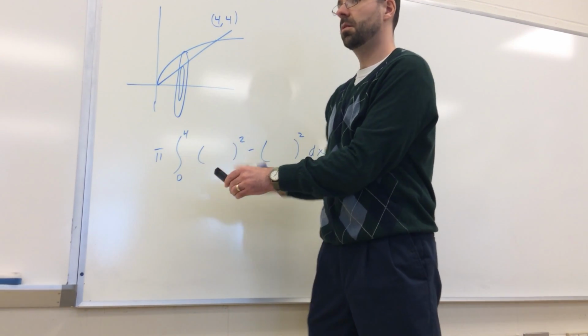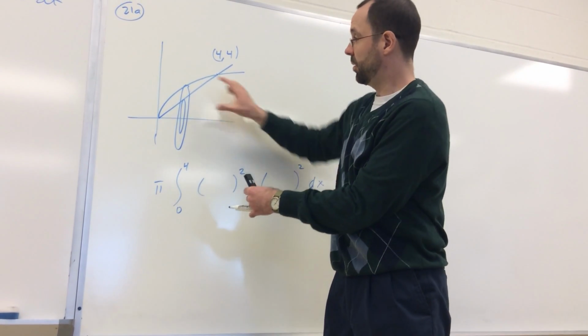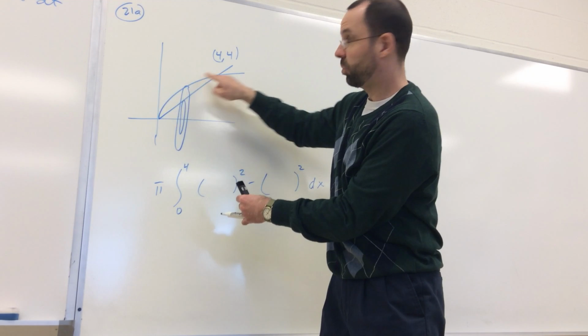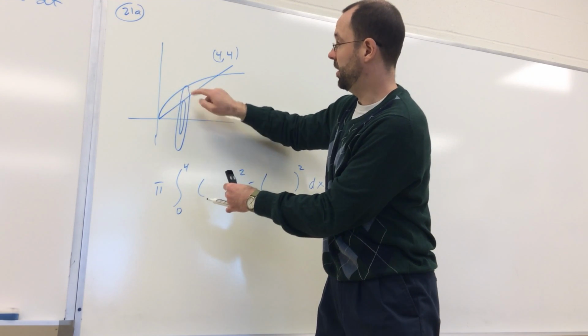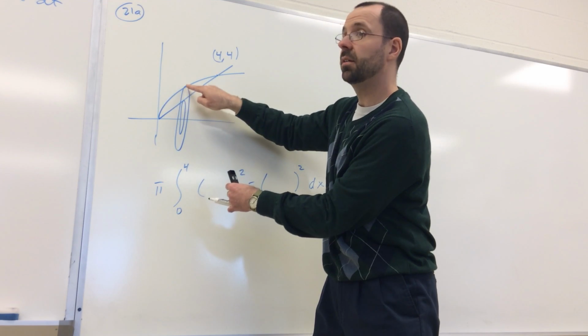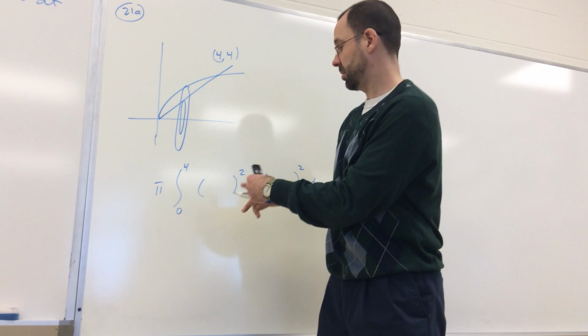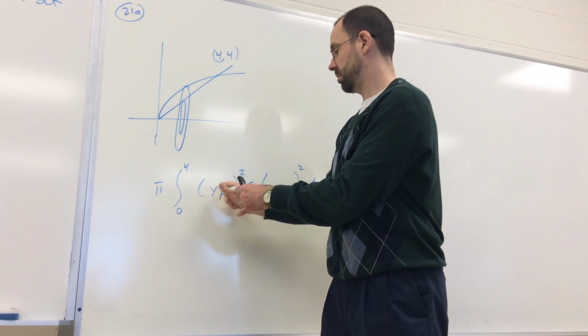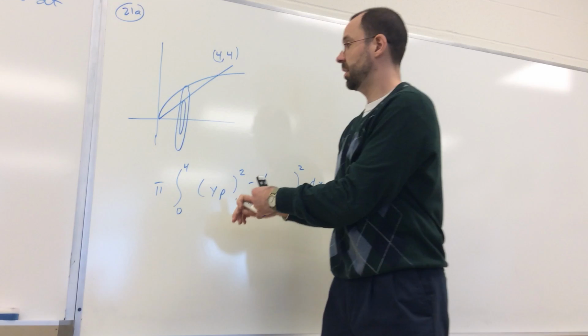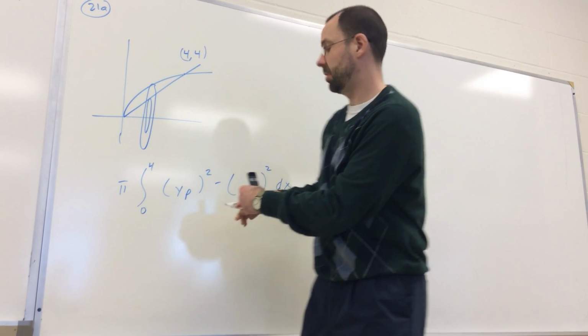Okay, so then the radii. The big radius has to do with the parabola. And if you plot that point, you start here and you go over x and up y. So that distance is the y value on the parabola, and then this distance is the y value on the line.